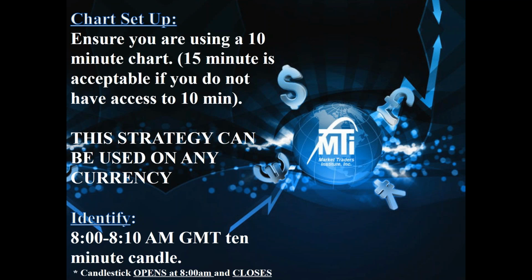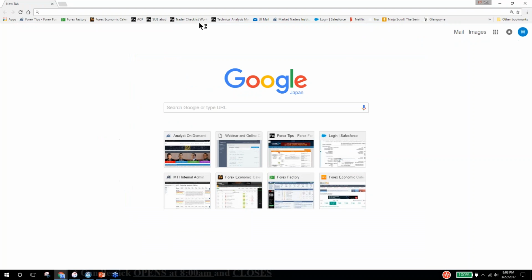This strategy is going to be based off of the European Open. So right now, I would like to encourage everyone to open up your favorite browser and search engine, Google, Bing, whatever the case may be, and search for your individual time zone in relation to GMT.